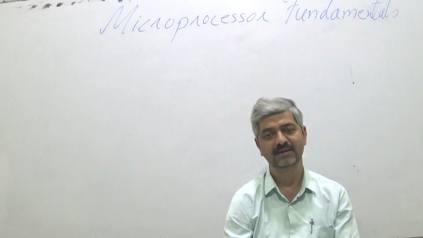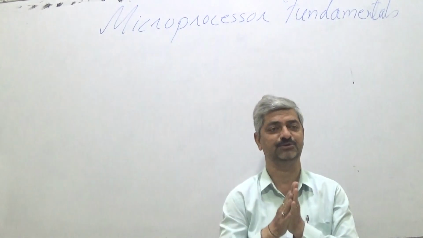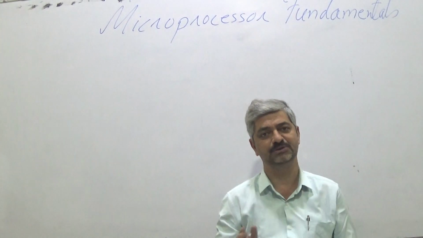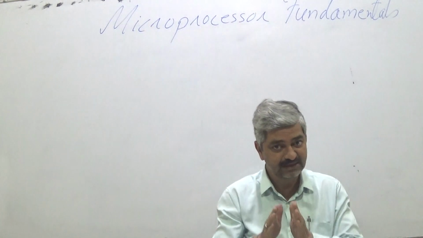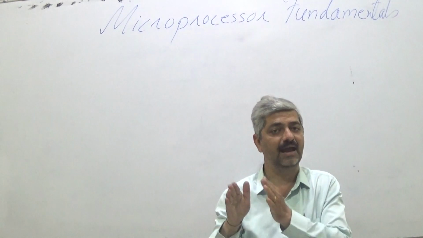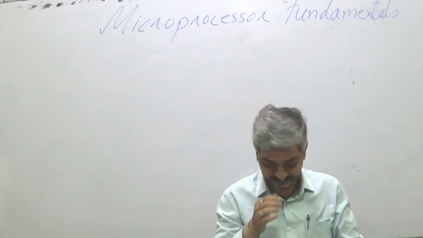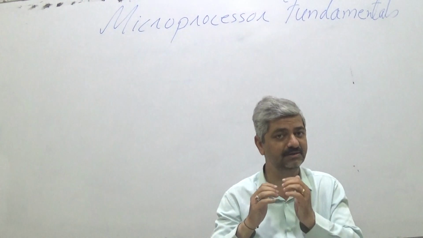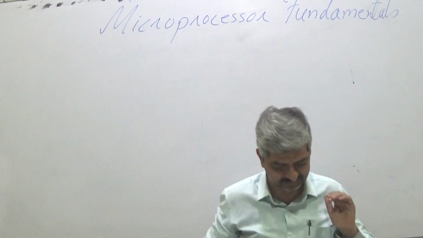In general, I will give you a block diagram of microprocessor. Then after giving the block diagram, that is the von Neumann architecture, the things which are required to be understood, I will elaborate in detail.